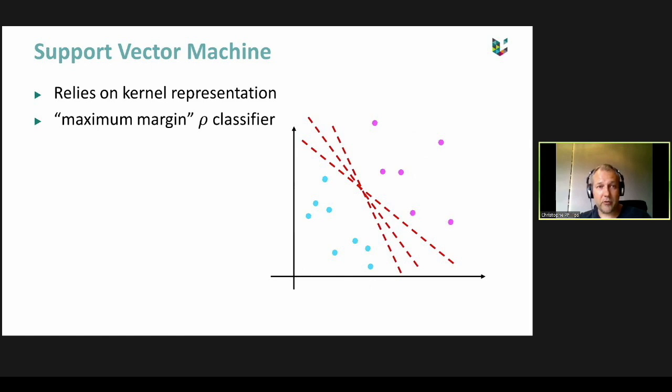And the idea behind support vector is to find the one with the largest margin. The margin being the distance between these dotted lines that go through the closest samples between the two classes. So I want to make sure that this margin, let's say the no man's land between the two classes, is as large as possible.